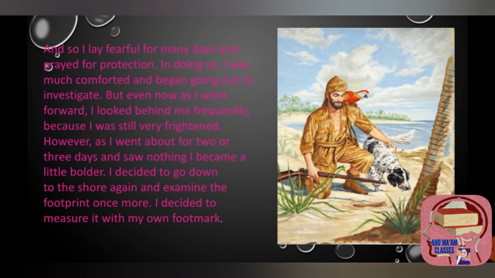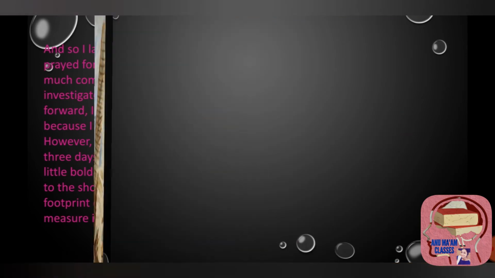It might be his own footprint. After some days his fear was controlled and he was quite comfortable, so he decided to go there once again.